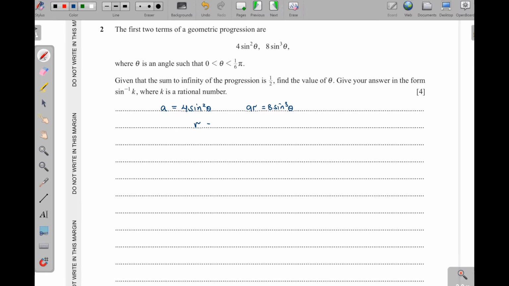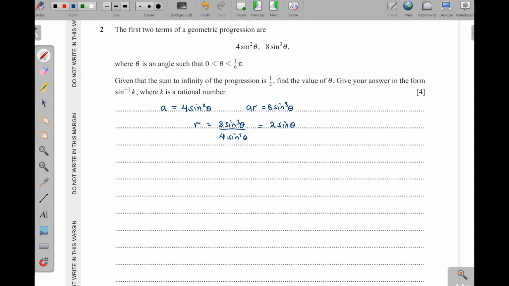So this will be the second term, which is 8 sine cubed theta, divided by the first term, which is 4 sine squared theta. And 4 will go into 8 2 times, and sine squared theta will reduce this one also, and then we get 2 sine theta.